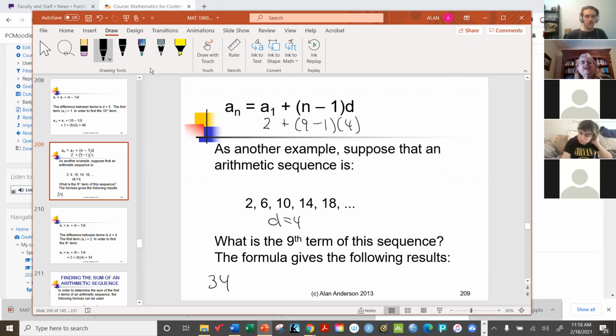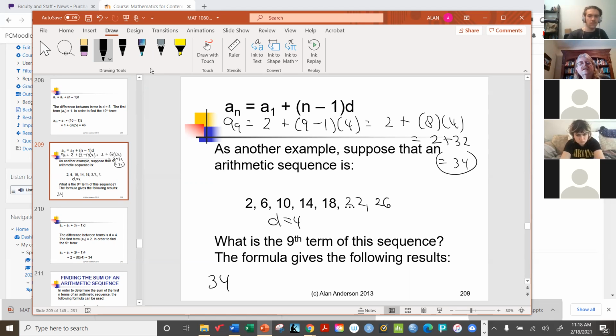Okay, so algebraically, we have 2 plus 8 times 4, or 2 plus 32, 34. Perfect. And so let's write this out, and you'll see that, yes, you were absolutely correct. And this is indeed 1, 2, 3, 4, 5, 6, 7, 8, 9. This is the ninth term.